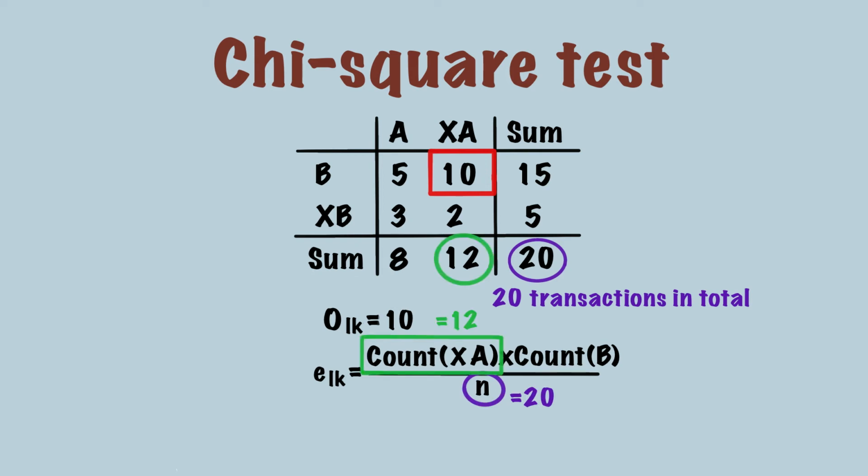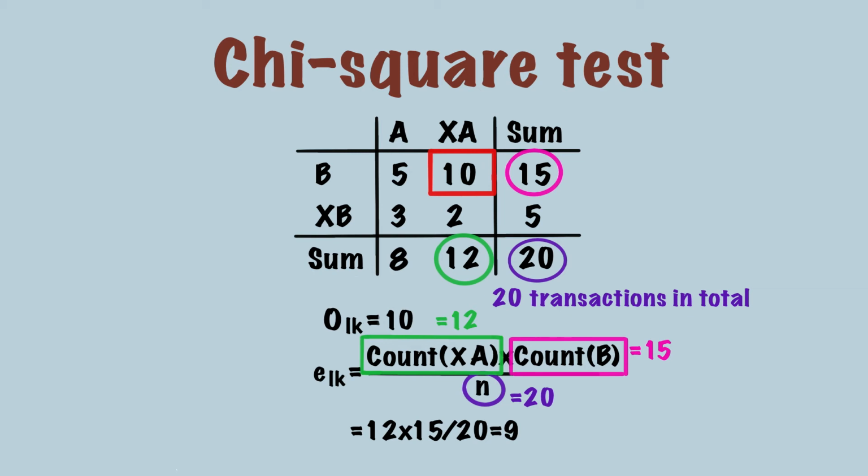The count of the absence of A is 12, which is the column summation. The count of B is 15, which is the row summation. So, the expected frequency is 12 times 15 divided by 20, which is 9. For this particular position, the observed frequency is 10 and the expected frequency is 9.